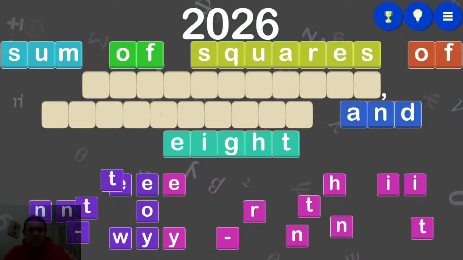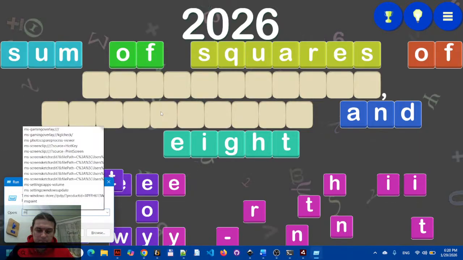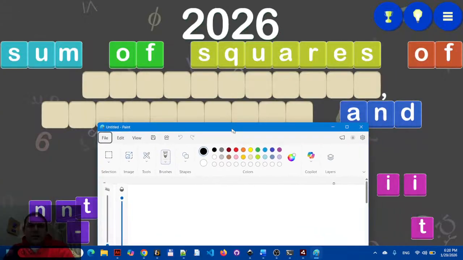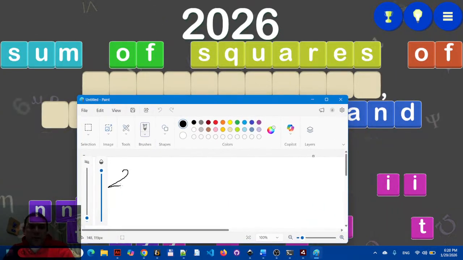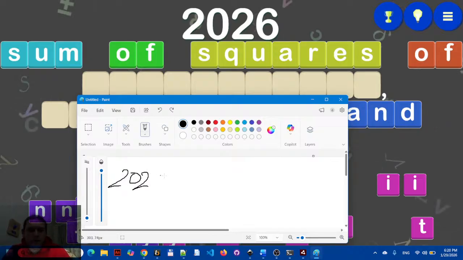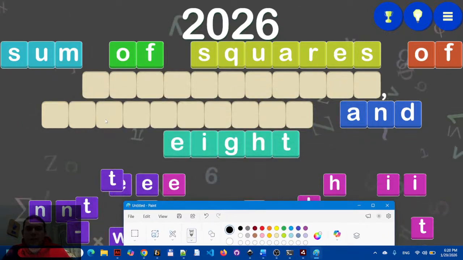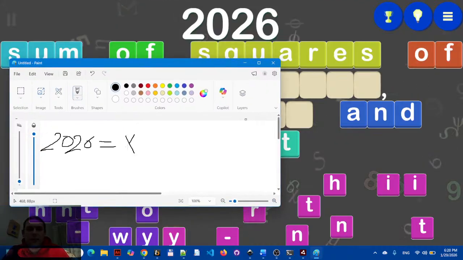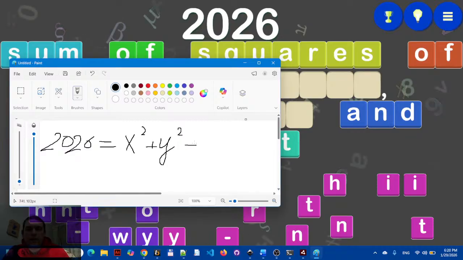So what does it mean, sum of squares? We have MS Paint, yeah. Let's draw this. So 2026 is the sum of squares of one number, another number, and 8. So x squared plus y squared plus 8 squared.